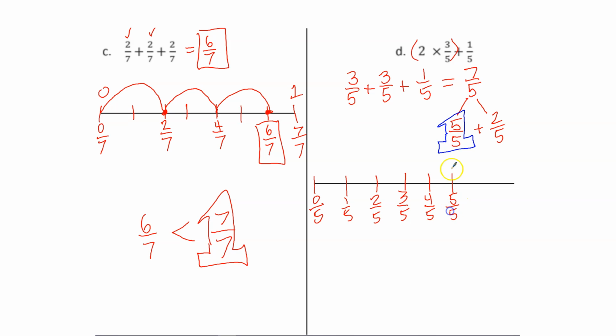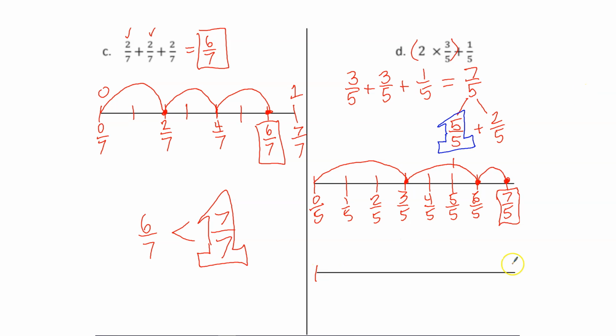What did we say? 5/5 is equal to 1 whole. 6/5, 7/5. And we know we had 3/5 plus another 3/5 plus 1/5 to get our 7/5.